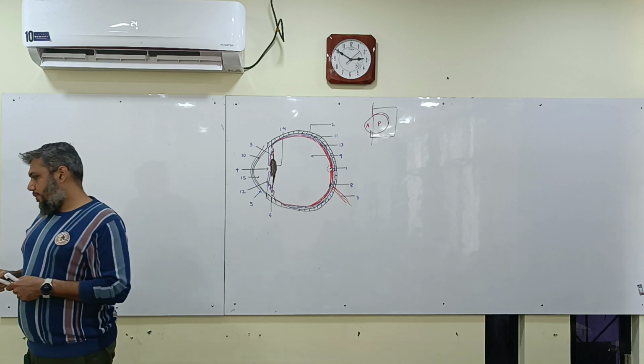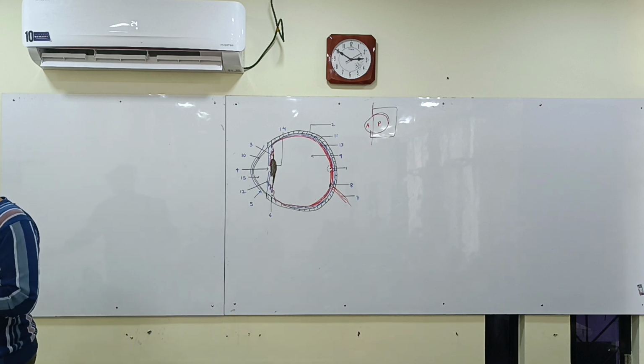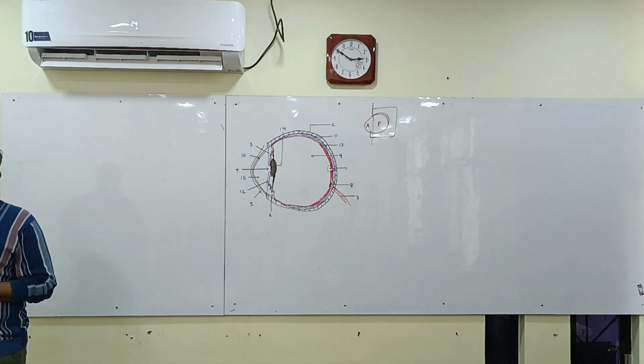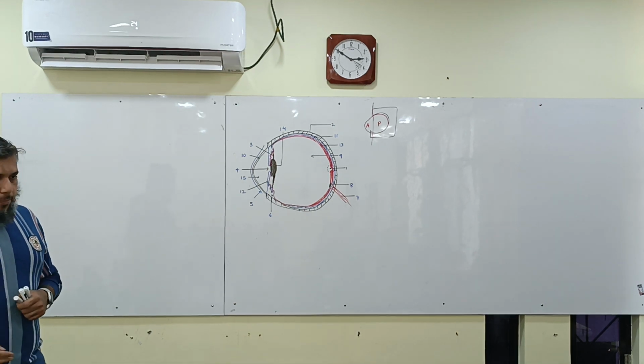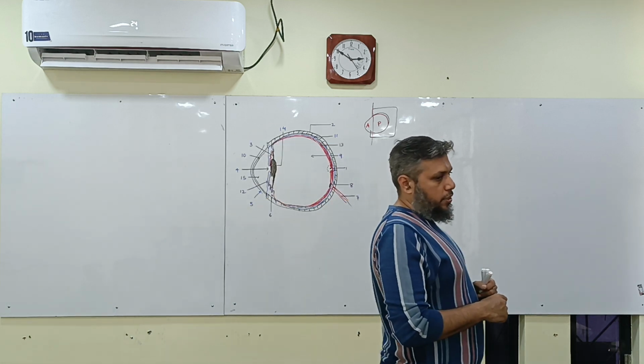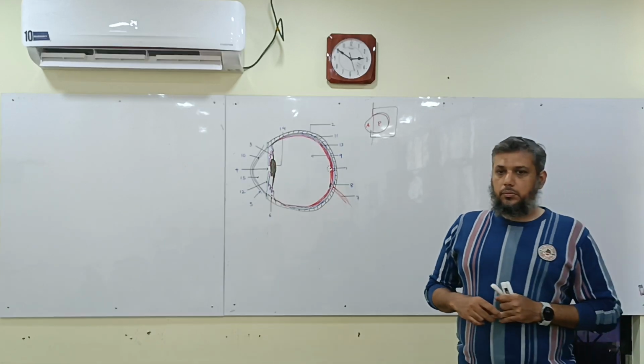The NCERT says that our paired eyes are located in the sockets of the skull, which are called orbits.